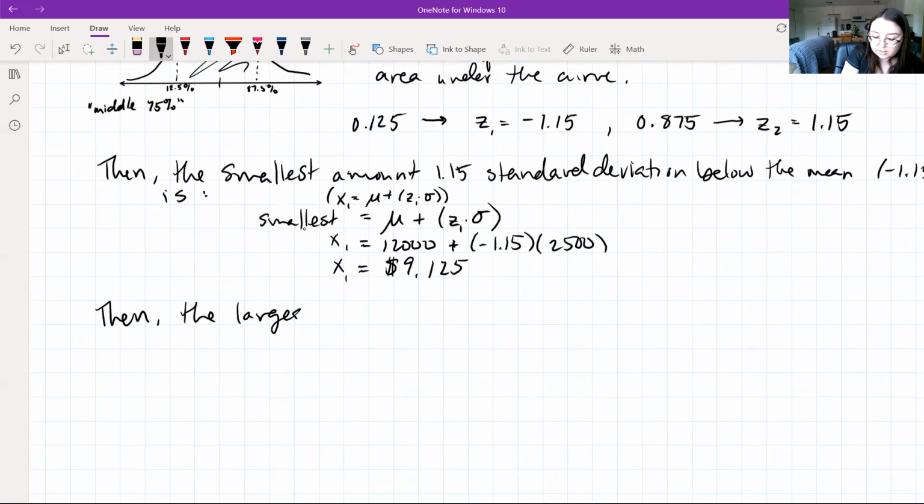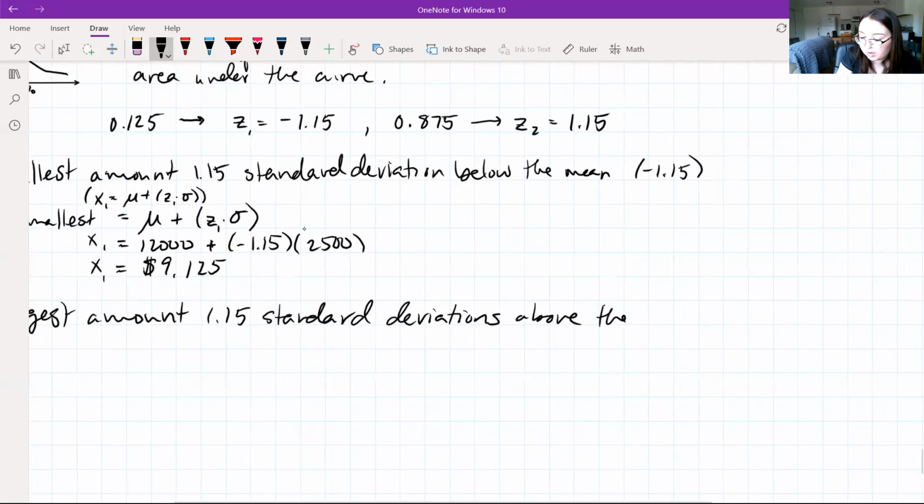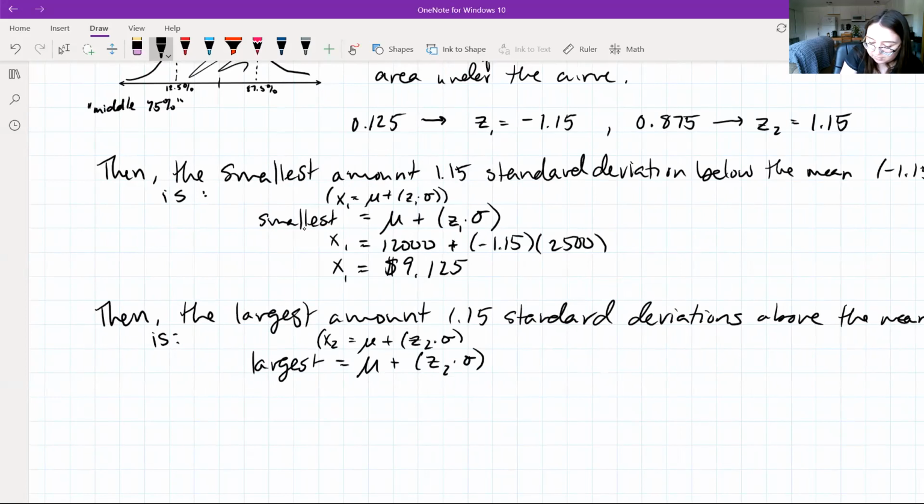Then the largest amount, 1.15 standard deviations above the mean, which we know is 1.15, is equal to mu plus z2 times sigma, which is the same thing as saying x2 is equal to mu plus z2 times sigma.